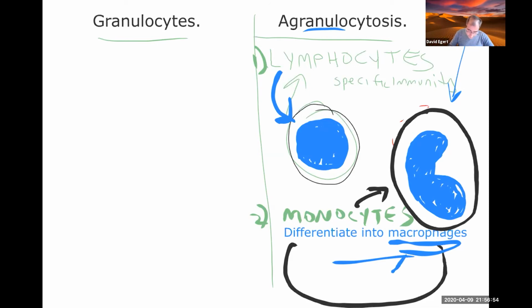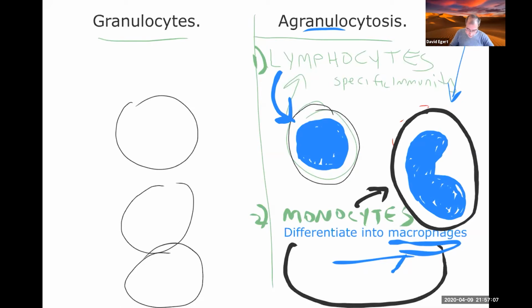Granulocytes, on the other hand, have little granules. There's going to be three kinds. The most common are going to be called neutrophils. Sometimes they're called PMNs, and we'll talk about why, polymorphonuclear cells.